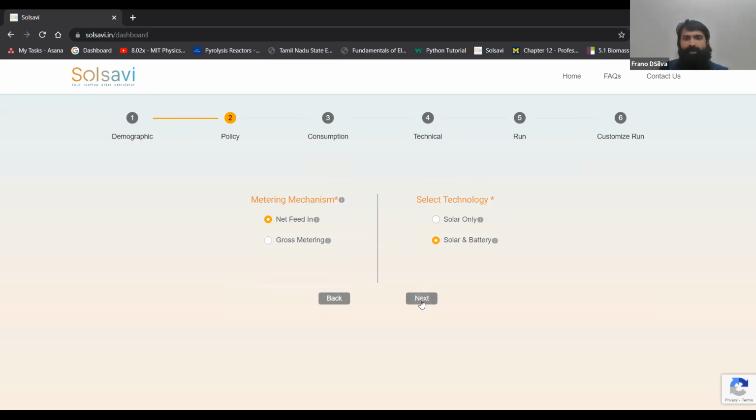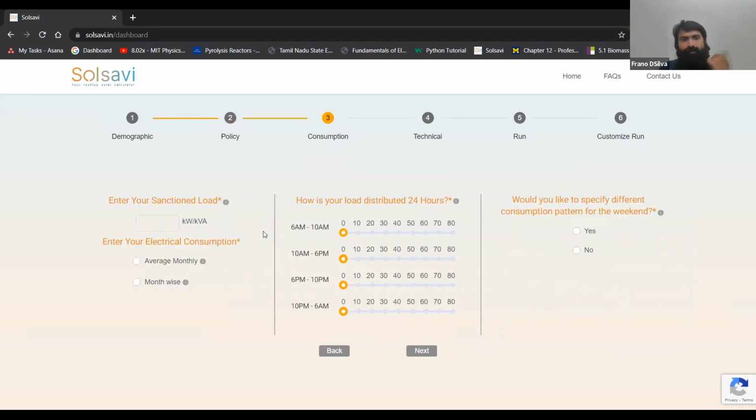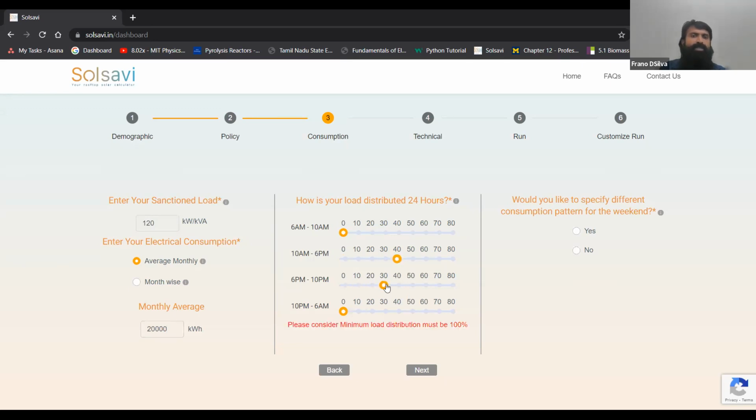Moving to the next page to define our consumption. As mentioned, our sanction load will be 120 kilowatt with an average monthly consumption of 20,000 units and a load distribution of a peak between 10 to 6 p.m., a 30% contribution between 6 p.m. to 10 p.m., a 20% contribution in the morning 6 a.m. to 10, and a 10% contribution in the last time section.